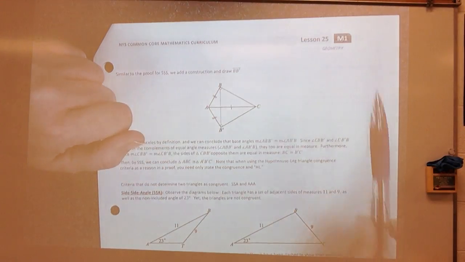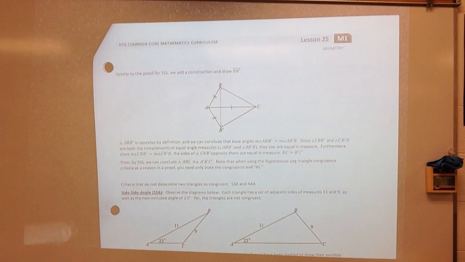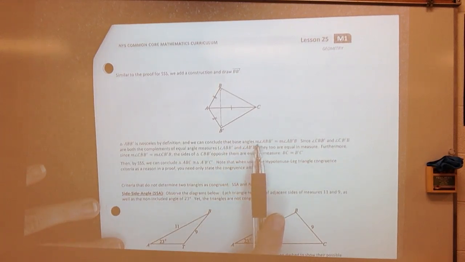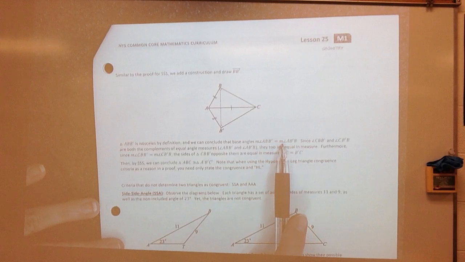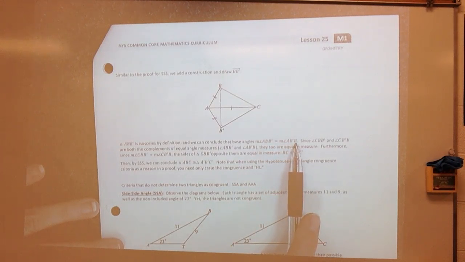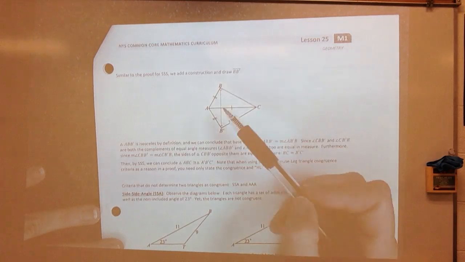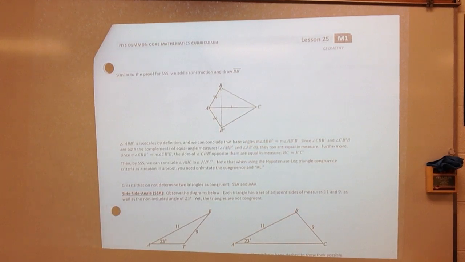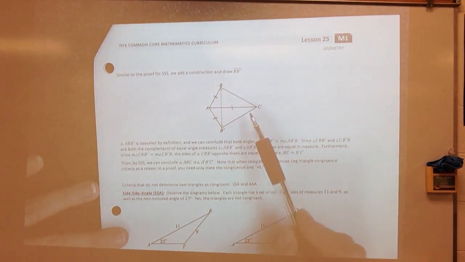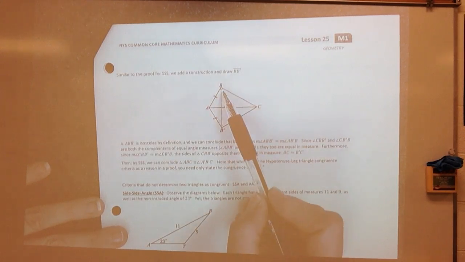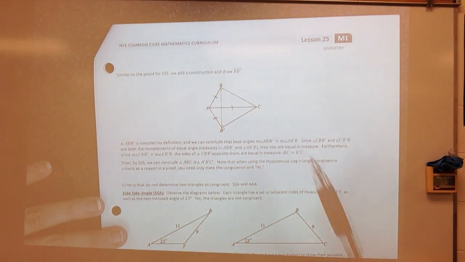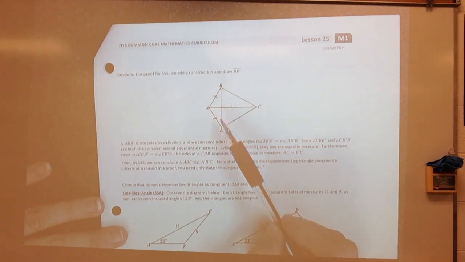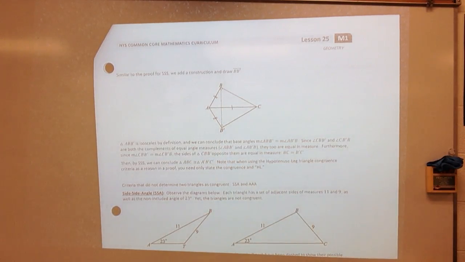So we can conclude that the base angles, angle ABB prime and angle AB prime B, are equal. Alright, so we know that this angle is equal to this angle. Since angle CBB prime, this angle here, and angle CB prime B, this angle here, are both the complements of equal angle measures, they too are equal in measure.